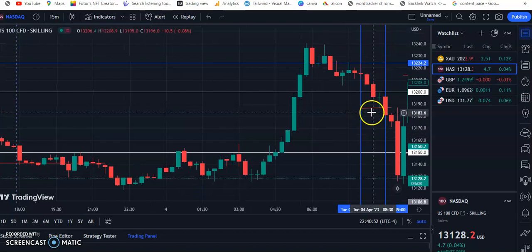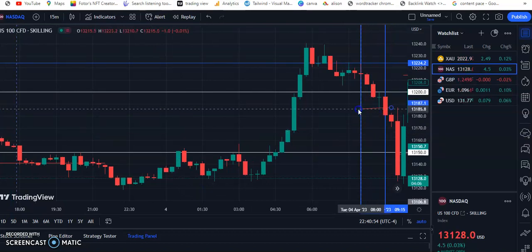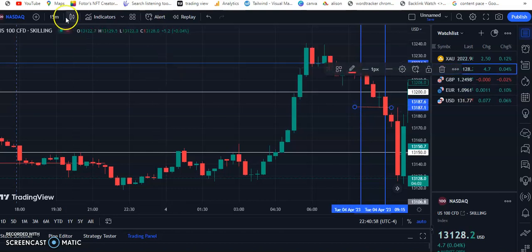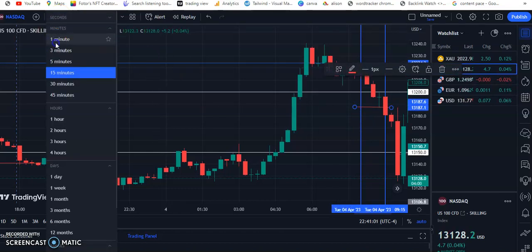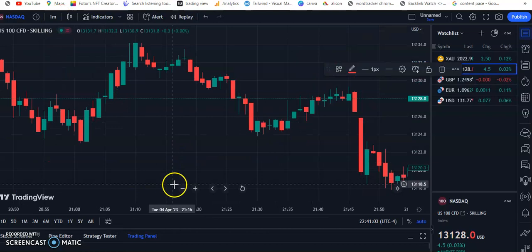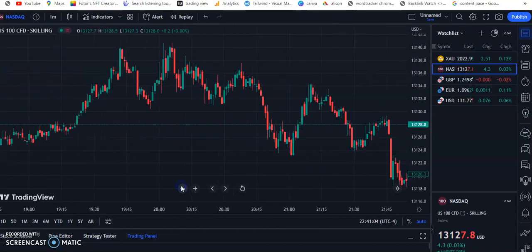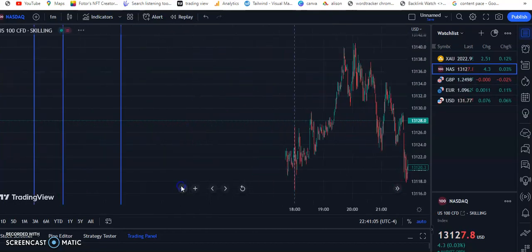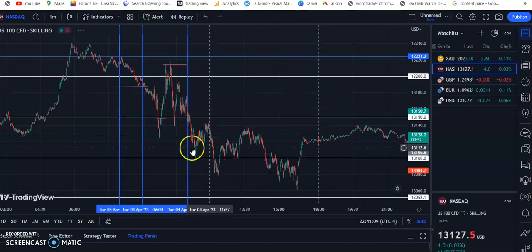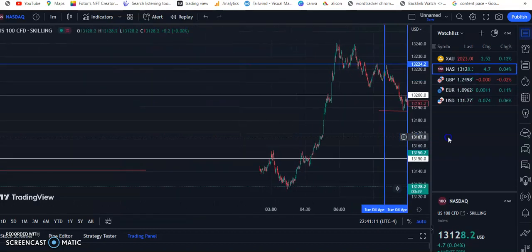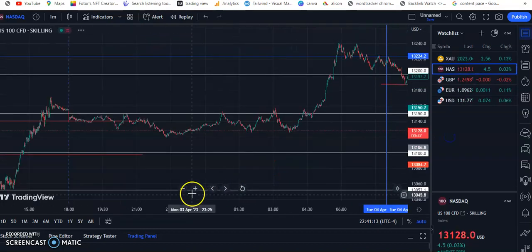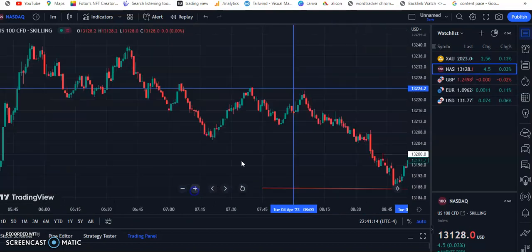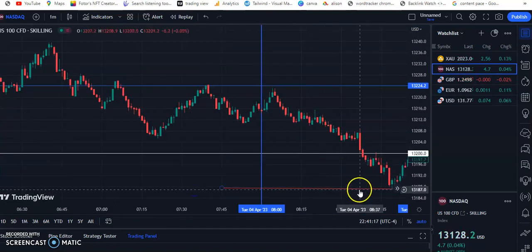So the first hour obviously sets the high and the low of the session. So that is our reference point when we want to look for our buy setup for that scalp. And yeah, so as you can see, this is the low of the session.